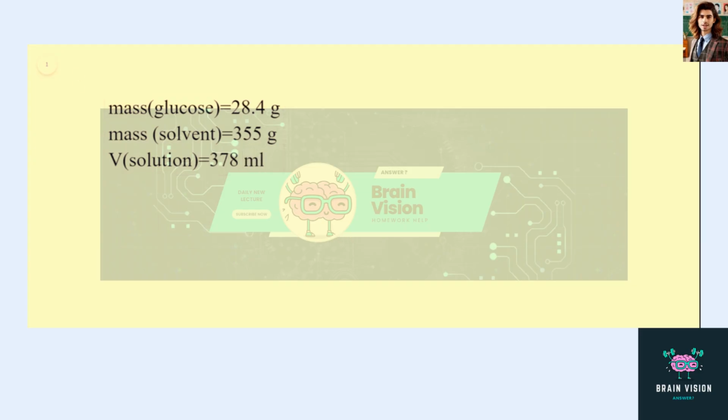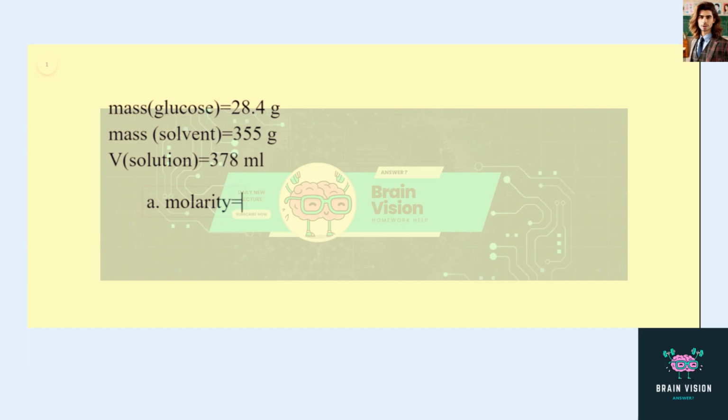Okay, and we're given a task of calculating molarity, weight percentage, mole fraction, and mole percentage. So let's go point by point, starting with molarity.